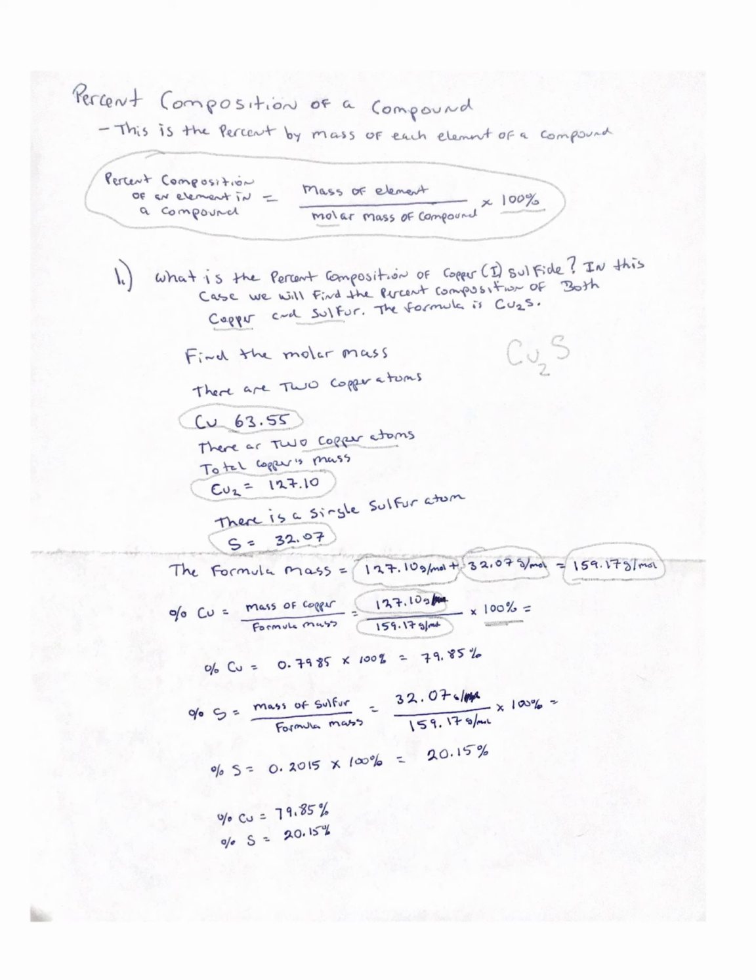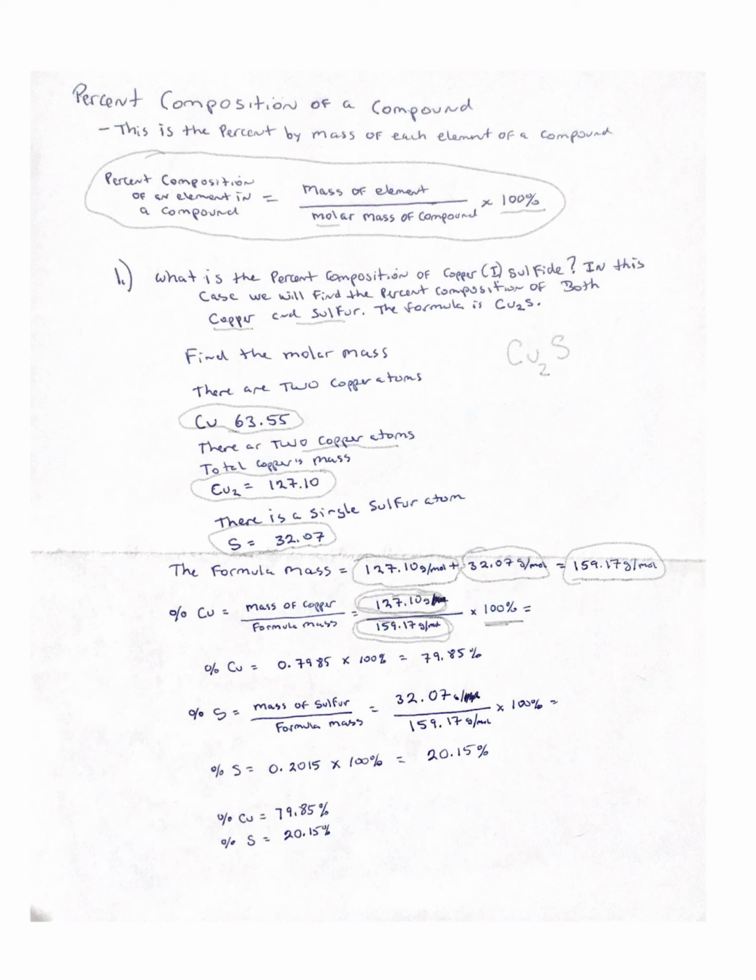So let's look at that again. The 127.10 is the mass of the copper if I have 1 mole of this compound. And the 159.17 is the total mass of 1 mole of that compound, the copper sulfide.